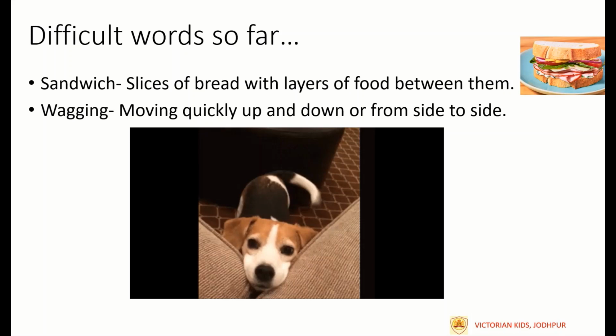In this video below, you will see a dog wagging its tail. Look how the dog moves its tail left and right. Isn't it cute?